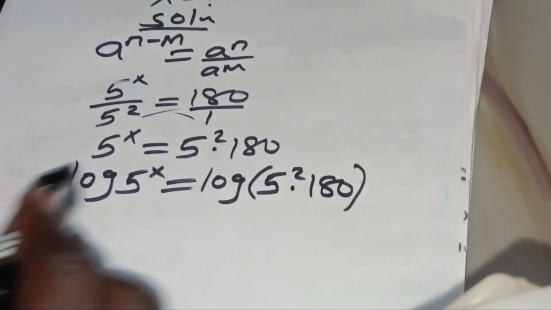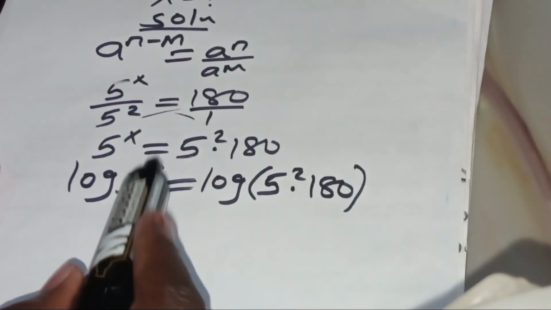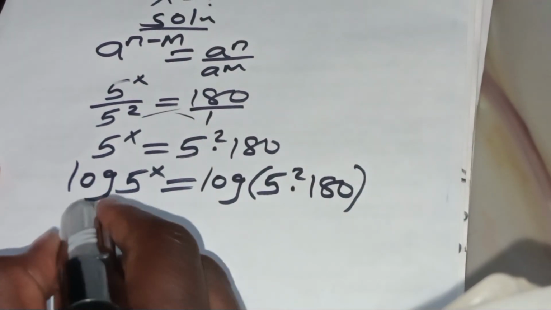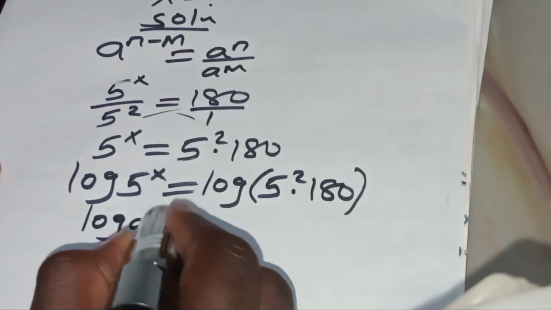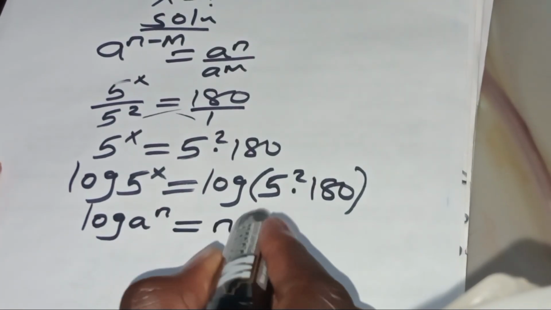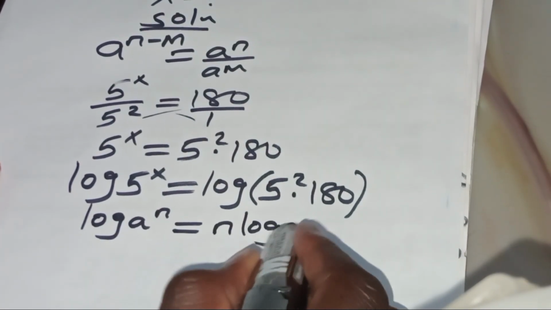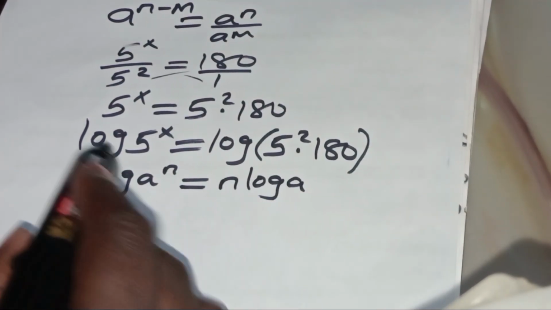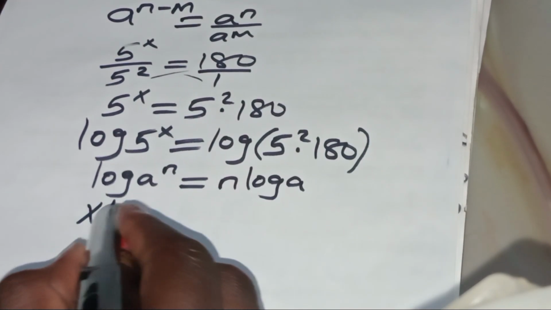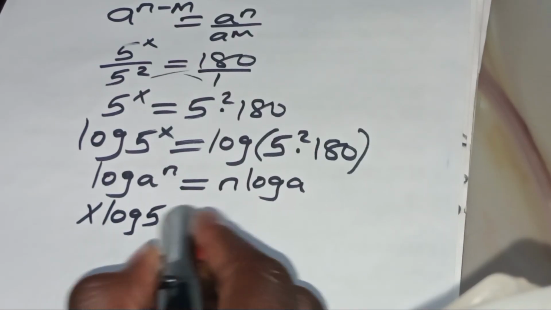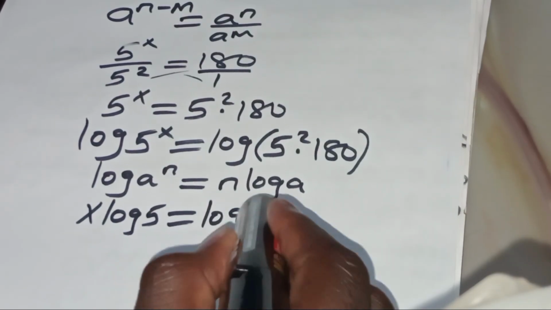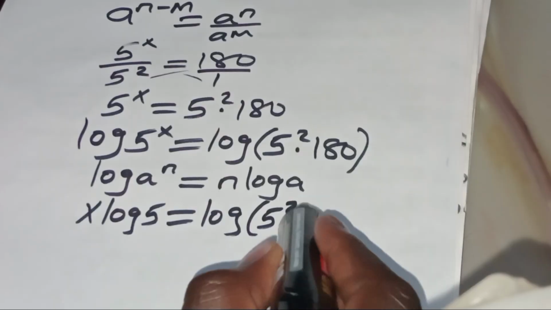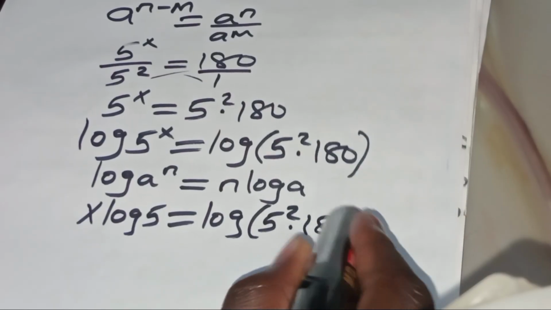As you can see, log 5 to the power x is in the form of log a to the power n, which we can express as n log a. Applying this power property, log 5 to the power x becomes x log 5, equal to log 5 to the power 2 multiplied by 180.